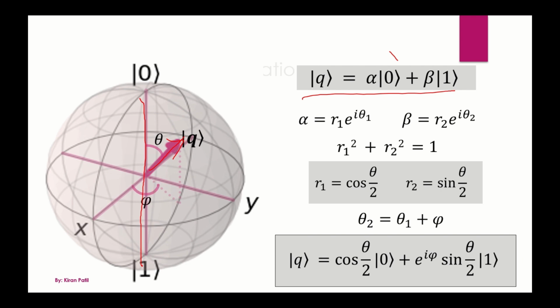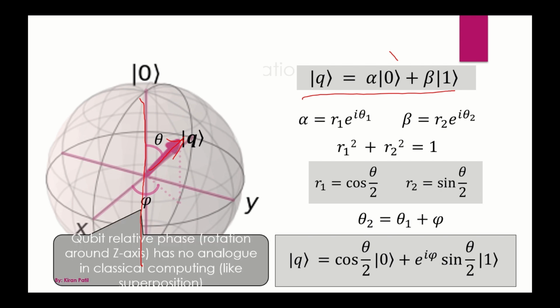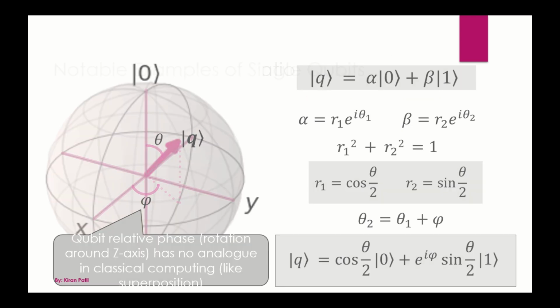Suppose I am taking the basis state as the z-axis. The projection of vector q, and the angle between the projection of vector q and the z-axis, is given by phi. That is the relative phase. So the qubit relative phase is given by phi.